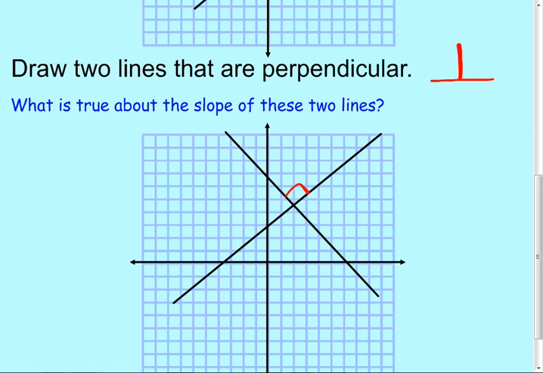Now, the slopes are going to be trickier. Does anybody remember what's true about the slope? Like if this is 4, then this would be, you reciprocal it. So if this is 4, that's right.